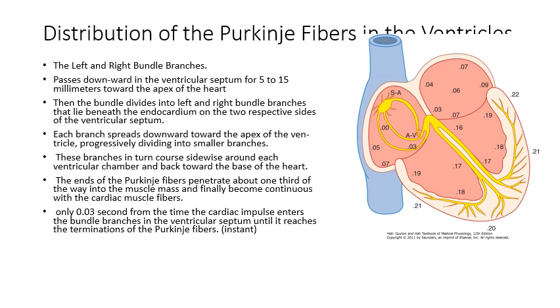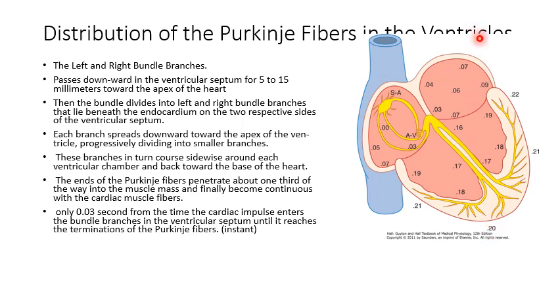Now, if we want to look at the distribution of the Purkinje fibers in the ventricle, we can see that there are left and right bundle branches, as you can see here, and they pass downward after the AV node and the penetrating portion, inside the septum toward the apex of the heart.